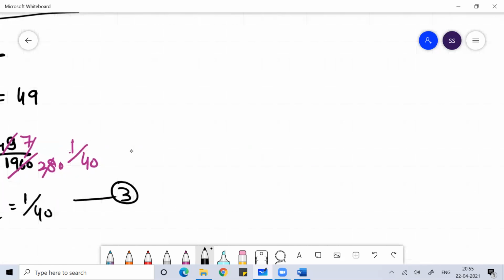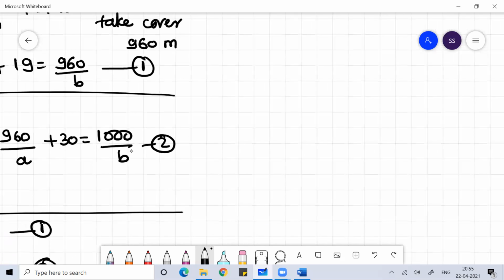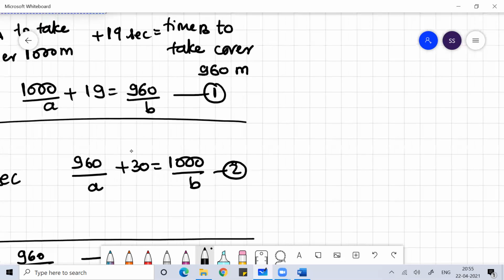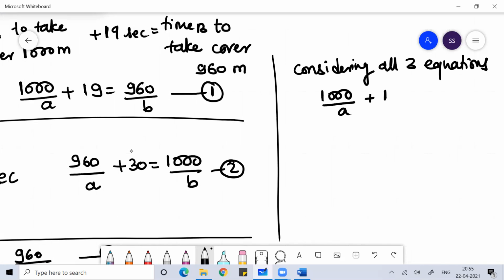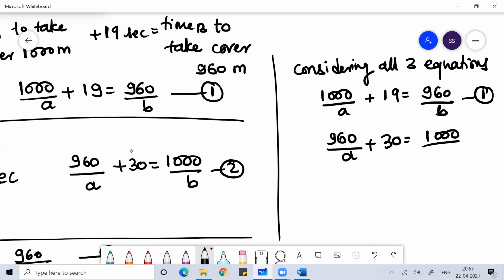So if I write all my three equations: my first equation is 1000 by a plus 19 is equal to 960 by b. My second equation is 960 by a plus 30 is equal to 1000 by b.